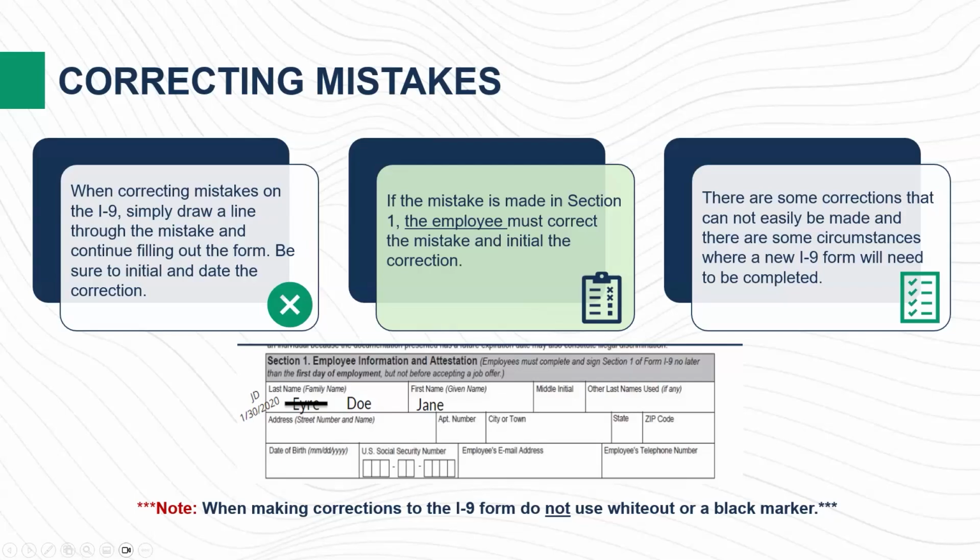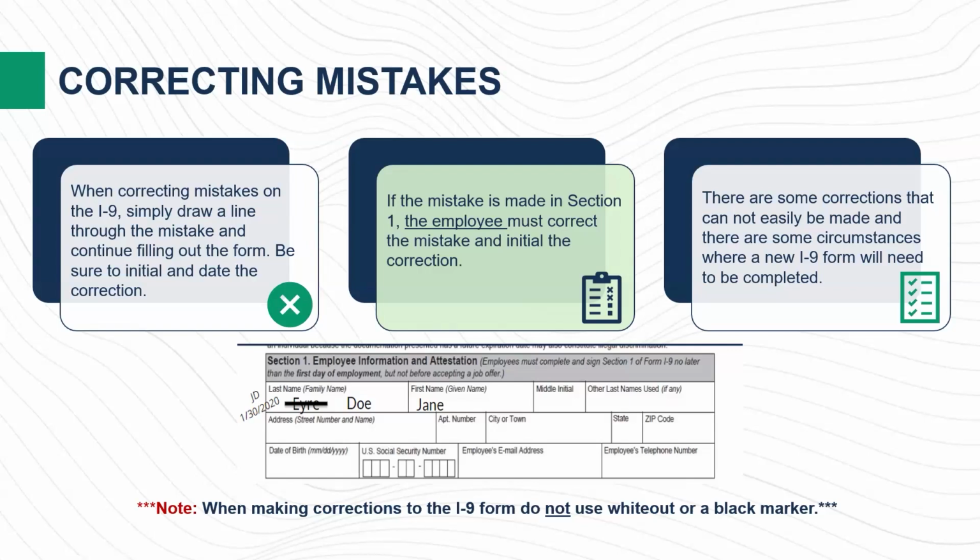Okay. Now, there are some corrections that cannot be easily made, and a new I-9 may need to be completed. If they have filled out their social wrong, it's going to be hard to fill this out somewhere else to correct it. So maybe they just need to start over. You absolutely cannot backdate corrections to make them appear timely. Corrections must reflect the actual date they are made, not the original hire date.